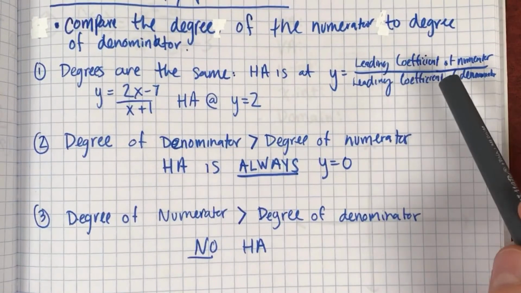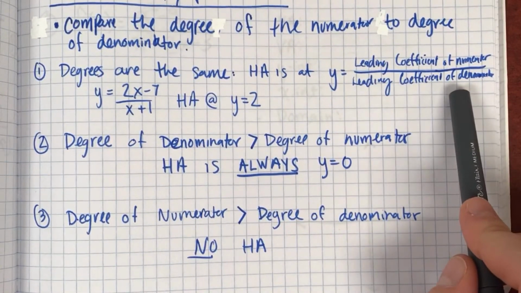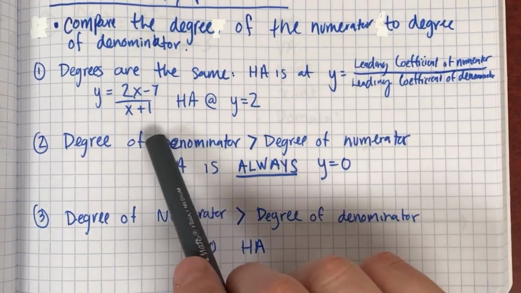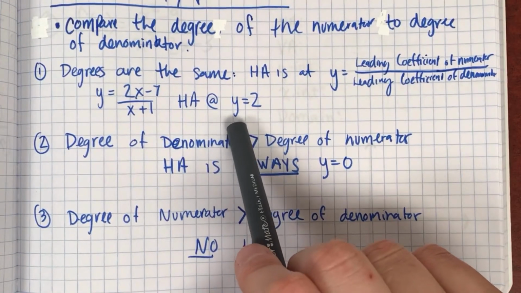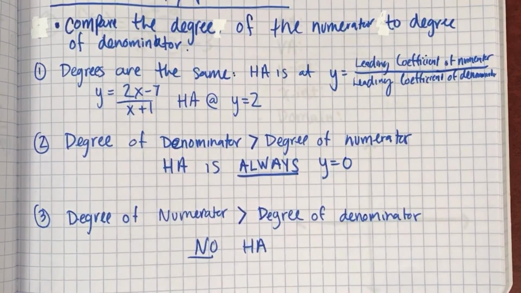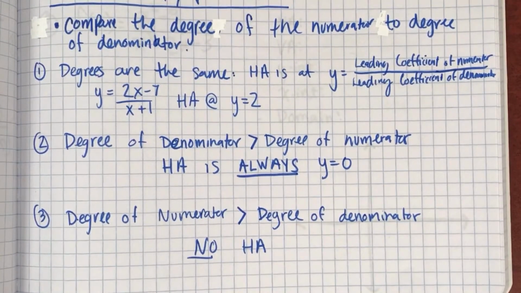We take the leading coefficient of the numerator divided by the leading coefficient of the denominator. For this, we've got a 2 and a 1, so our horizontal asymptote would just be at y equals 2.